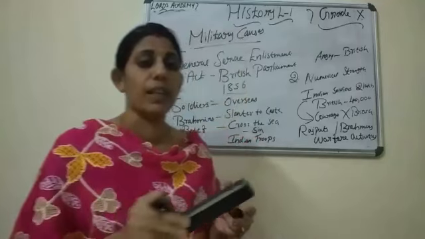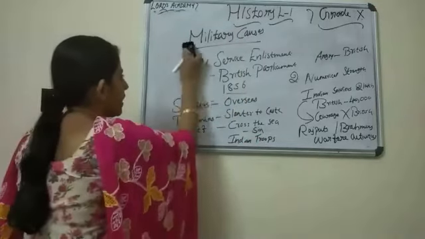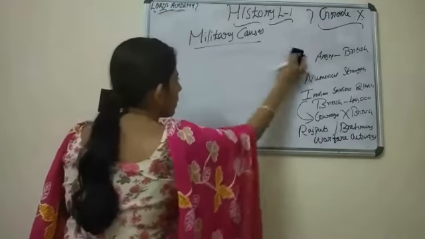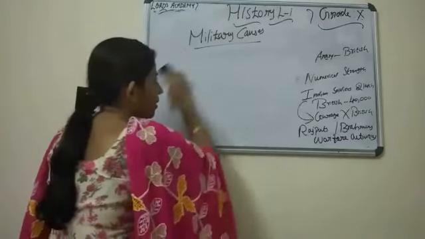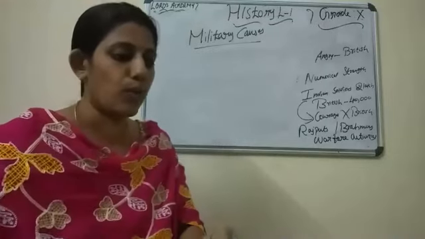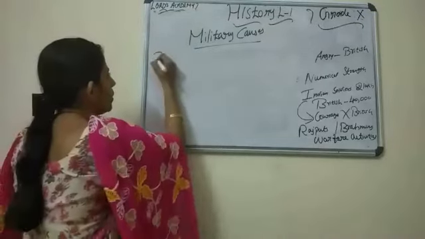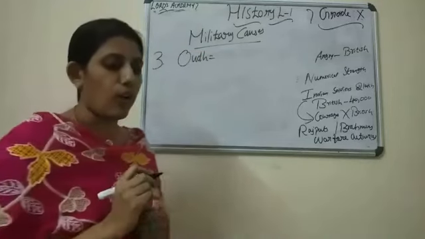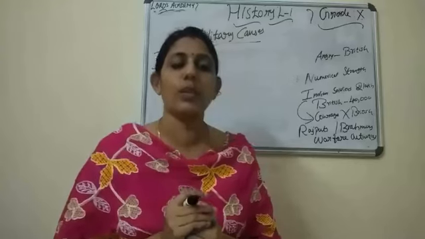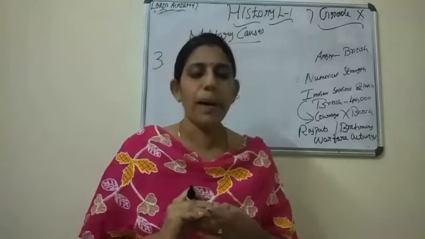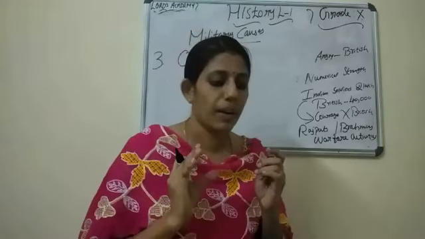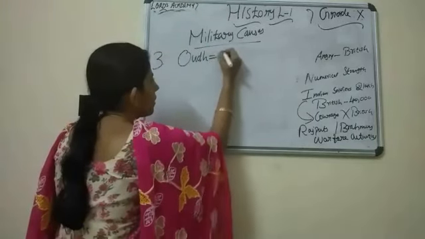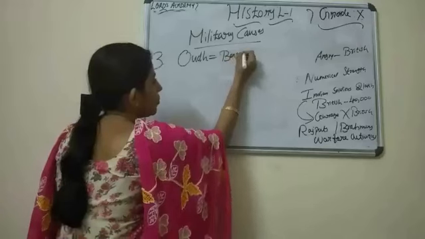The third one is the effect of the annexation of Oudh. Which region did the British conquer? The British conquered Oudh, pronounced O-U-D-H, Oudh or Awadh. Oudh is in Uttar Pradesh, and the Bengal army consisted mainly of soldiers from this region.